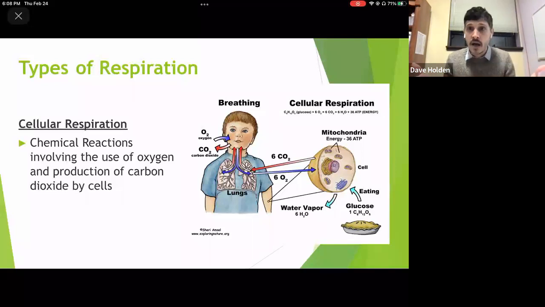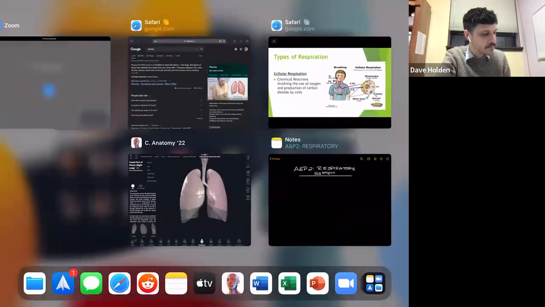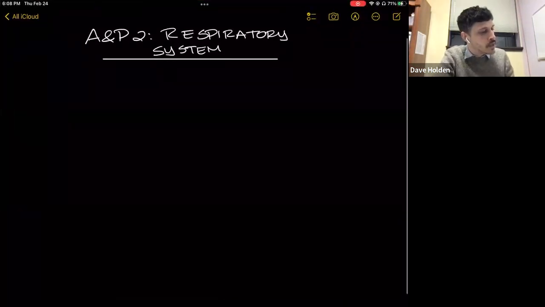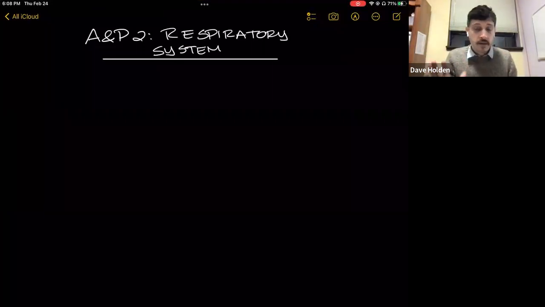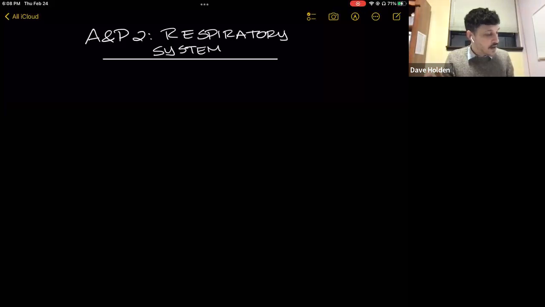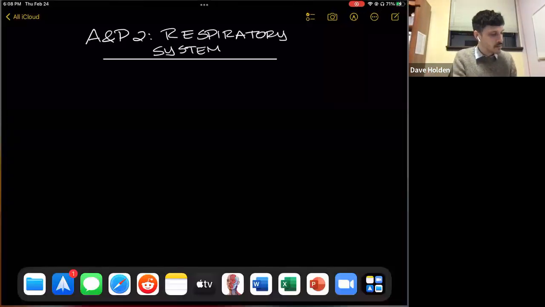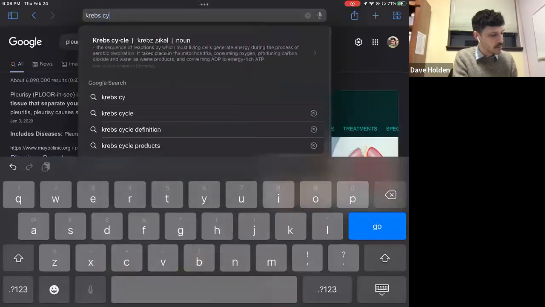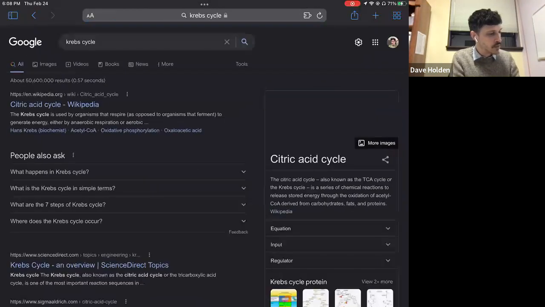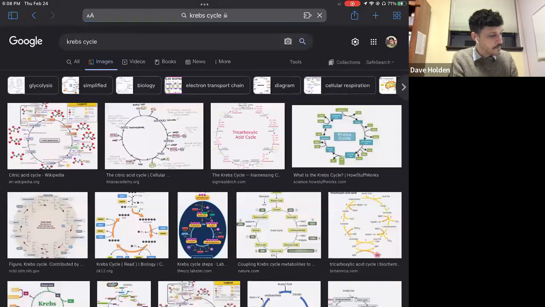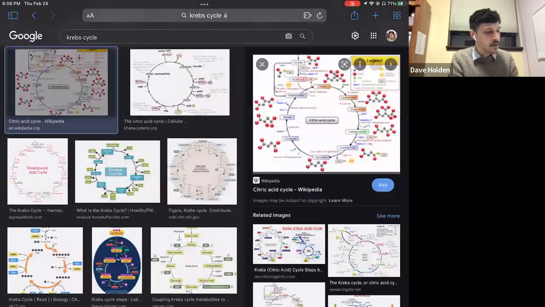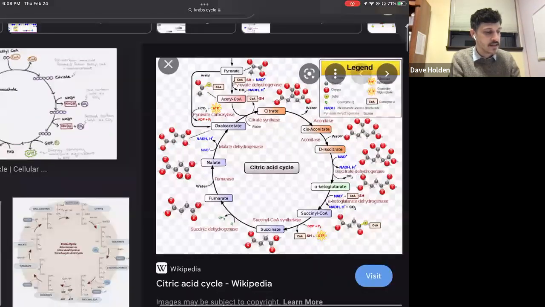Now, the end result of the Krebs cycle, and I will take a second to explain this one because it's cool. So when we go through the Krebs cycle, and again, the Krebs cycle is a very complicated chemical reaction, I'm just going to pull up a little diagram here. The Krebs cycle looks like this.